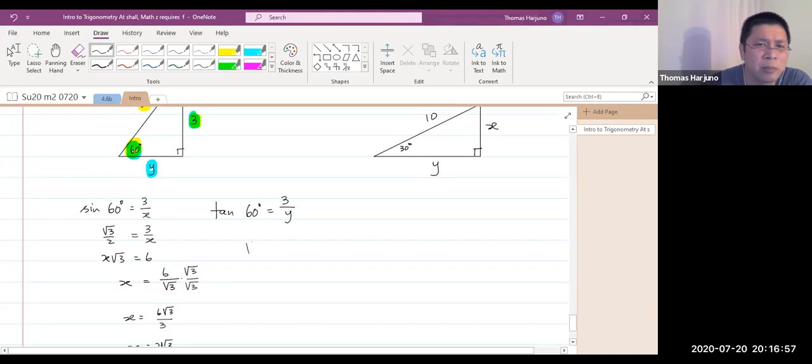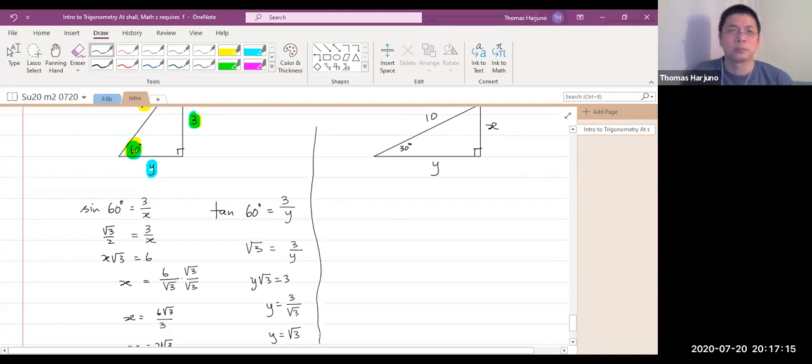Tangent 60, as I remember, is square root of 3. So y square root of 3 equals 3, y equals 3 over square root of 3. I believe that simplifies to be radical 3. Give me a second.